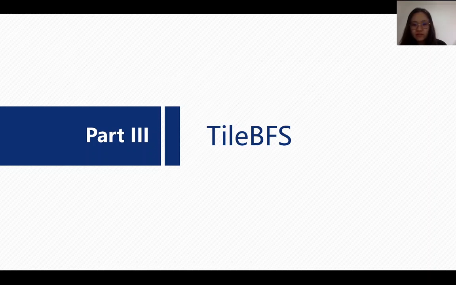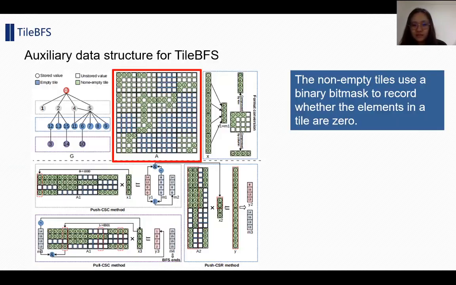Part 3, tile BFS. TileSpMSpV can accelerate BFS, so I will introduce tile BFS using TileSpMSpV next. Since we only focus on unweighted BFS, we optimize the data structure of the matrix and the vector.